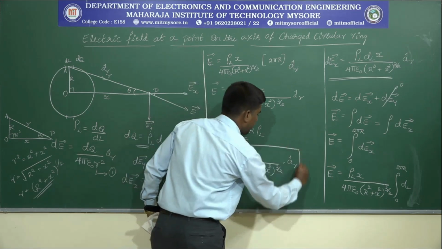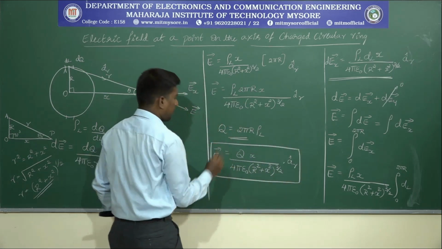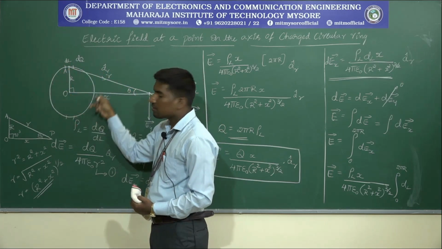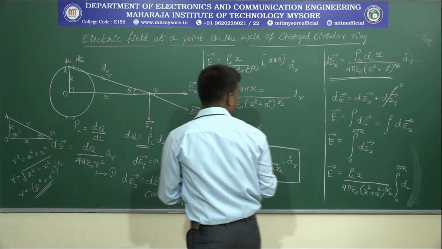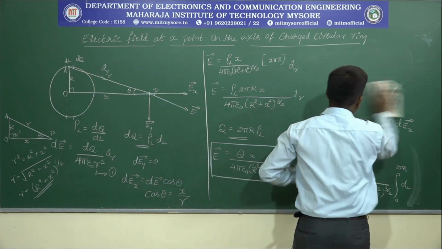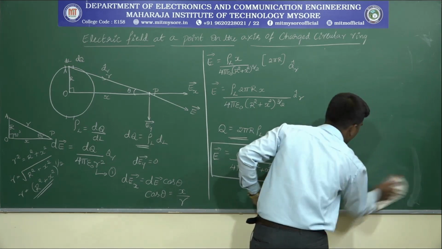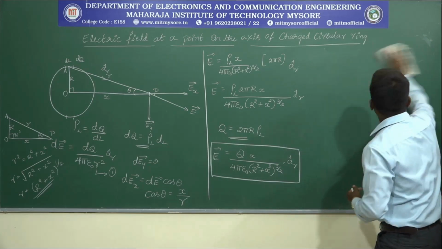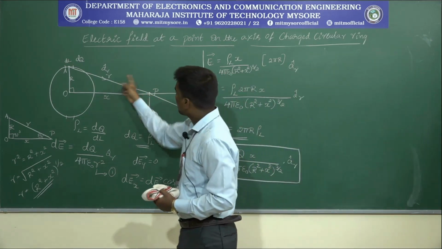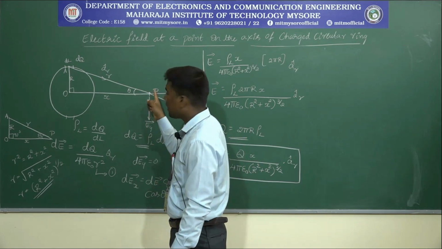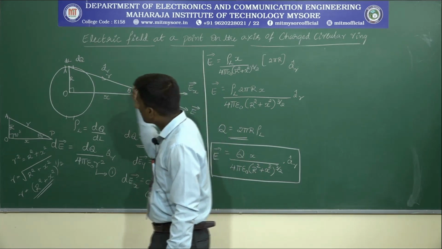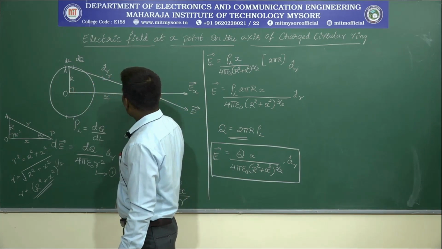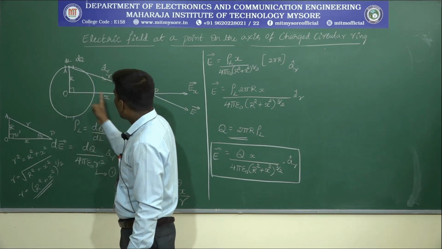This is the total electric field intensity at a point P due to the elementary part on the charged circular ring. Okay, we need to consider the special case here. What is that special case? The limiting condition for this particular derivation is what happens to the total electric field intensity at point P when this point is shifted to the origin of this circle. If this point P is shifted to this origin, then x becomes 0.